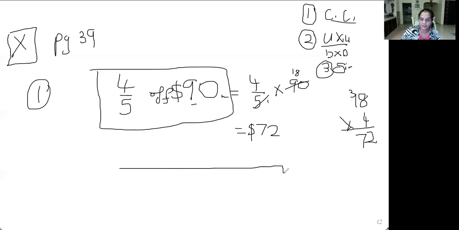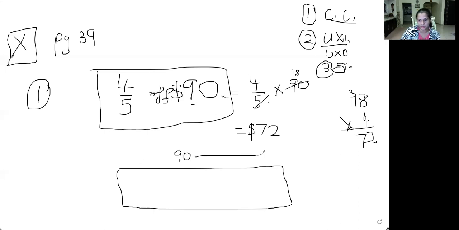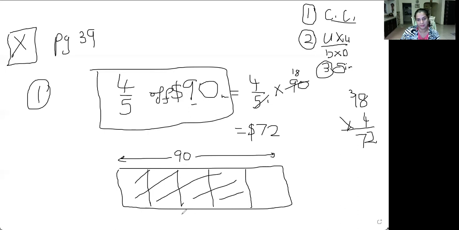If I want to represent this as a picture, which is what I encourage you all to do, 90 is your 100%. The 5 over 5 is your 90. And you have 4 over 5. 3, 4, and 5. And these 4 parts make up 72. This is what it visually means.